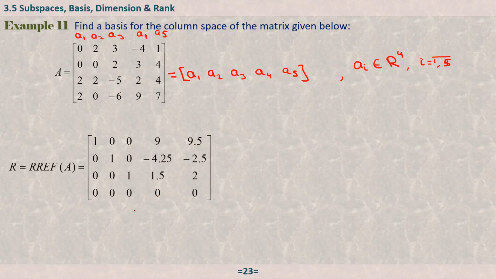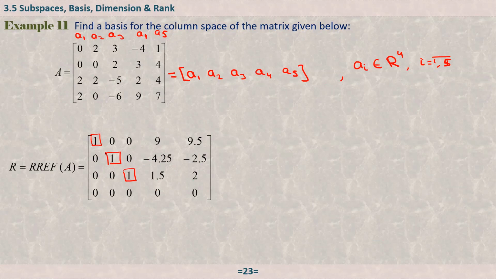Again, to do this, first we have to reduce the given matrix into reduced row echelon form. You know how to do that by applying a bunch of elementary row operations. I can reduce this A into this form. We also know that the original matrix A and its reduced row echelon form have the same dependence relationship between their columns. As you see here, this column contains a pivot, this one contains a pivot, and this one contains a pivot, but the fourth column does not, and the fifth does not.